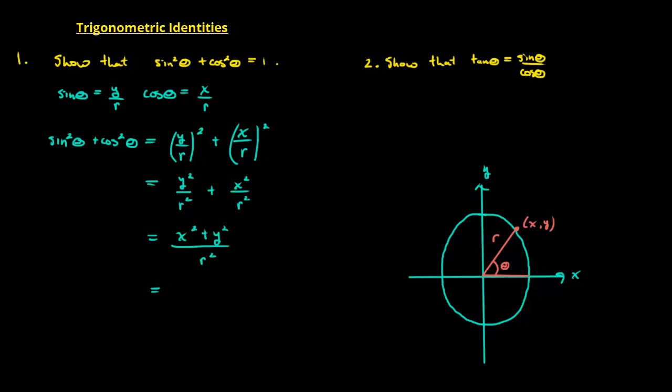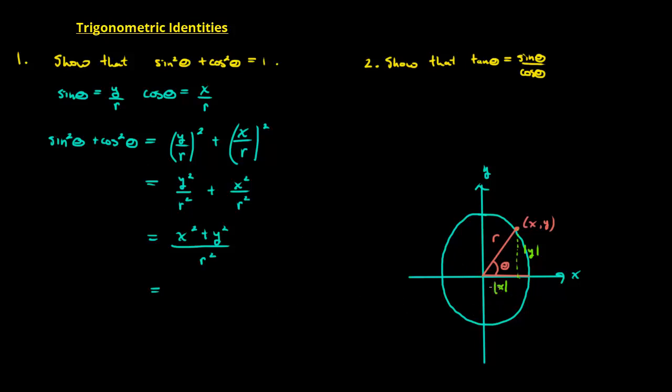Here, if I look at this triangle, if this value is x and this is y, then I've got a right angle triangle where this dimension here is the absolute value of x, and this dimension here is the absolute value of y. In this quadrant the absolute value of y is the same as y, and the absolute value of x is the same as x, but in the other quadrants that's not true.